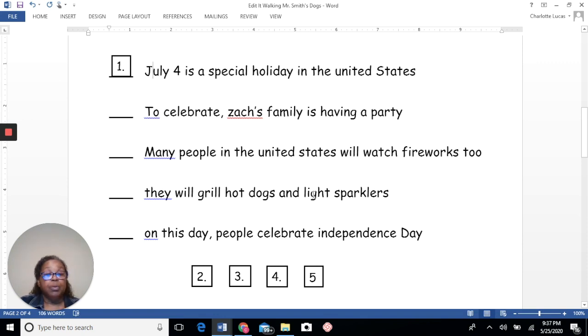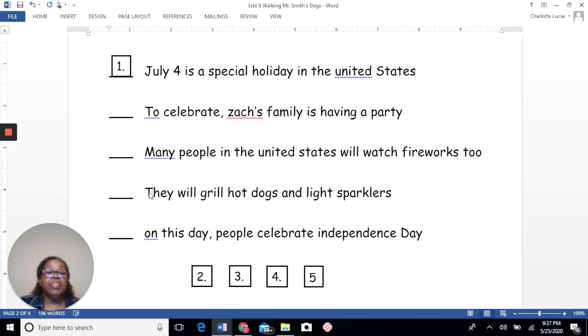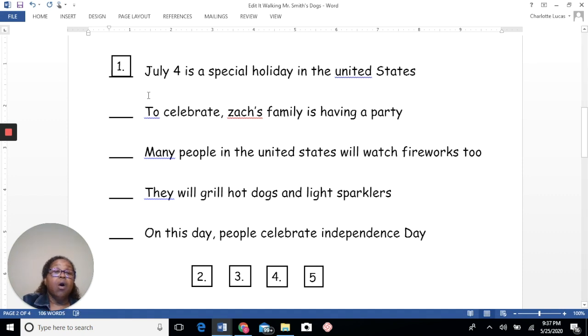That will be the first part of our editing. So this sentence does, this sentence does, this sentence does not. So let's make that start with a capital letter, the word they. And let's make this word start with a capital letter because it's the beginning of a sentence. Now, all of our sentences begin with capital letters.